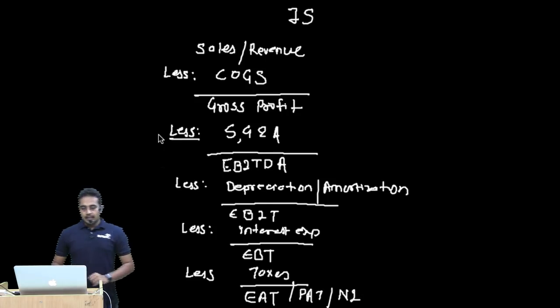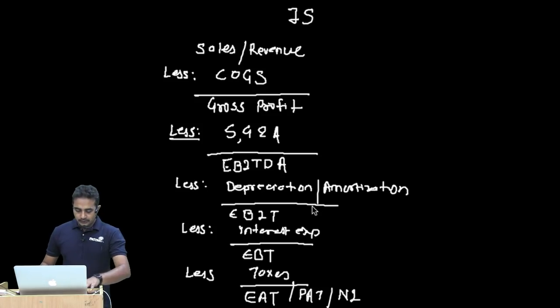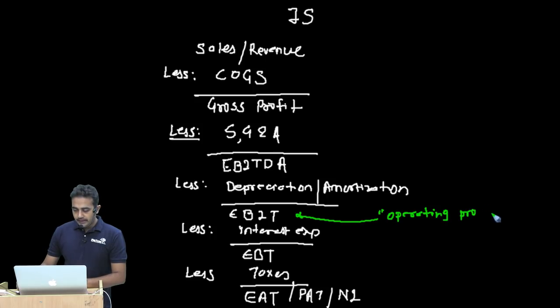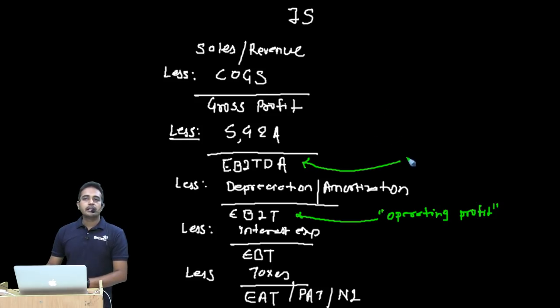Now this EBIT is called as the operating profit. EBIT is called as the operating profit. EBITDA is called as cash operating profit.